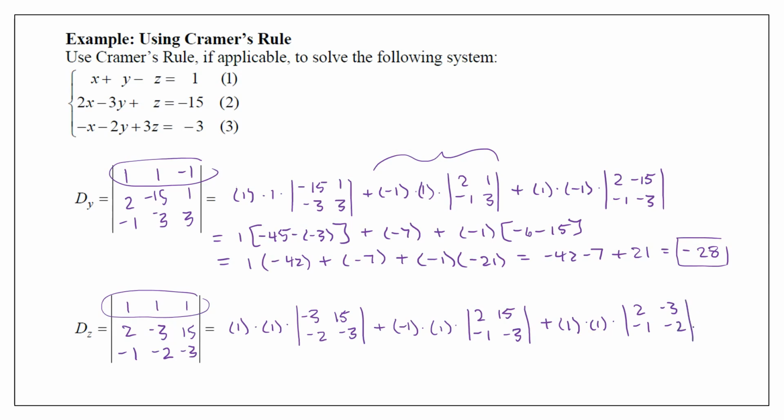Okay. So here we have 1 times 9 minus negative 30, plus negative 1 times negative 6 minus negative 15, plus 1 times negative 4 minus 3.